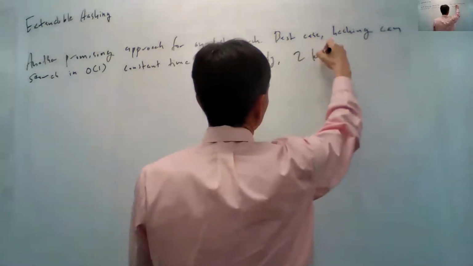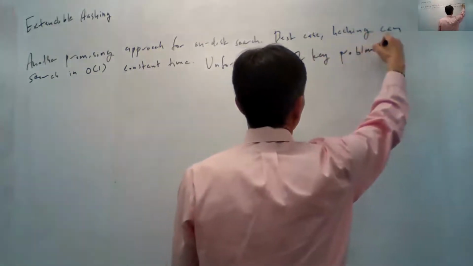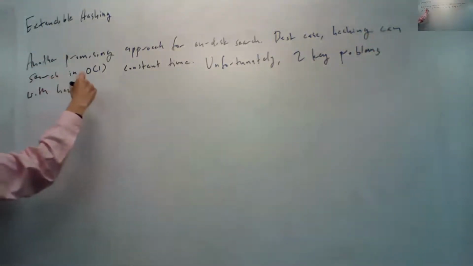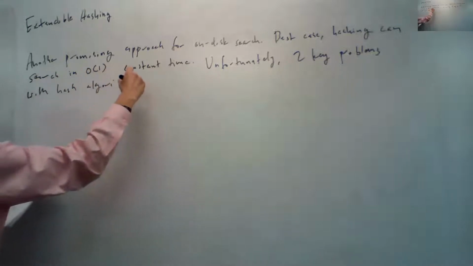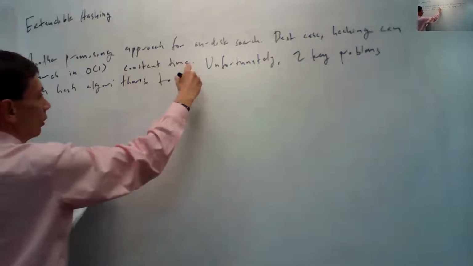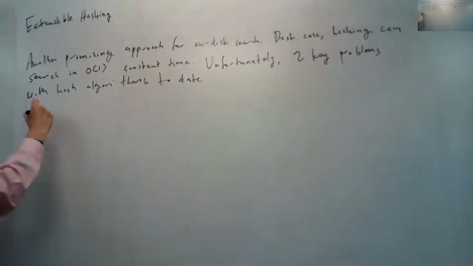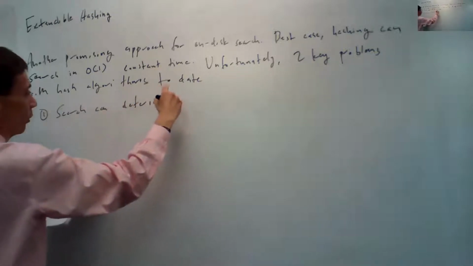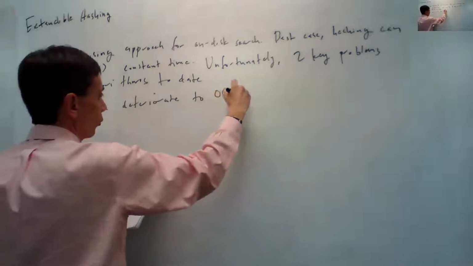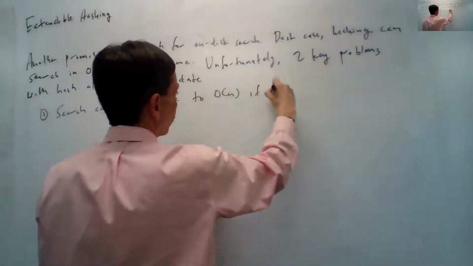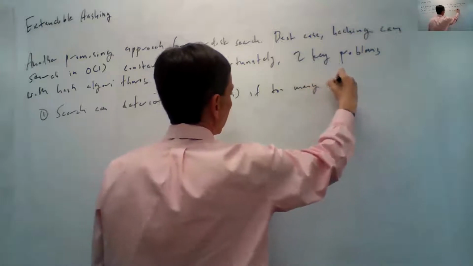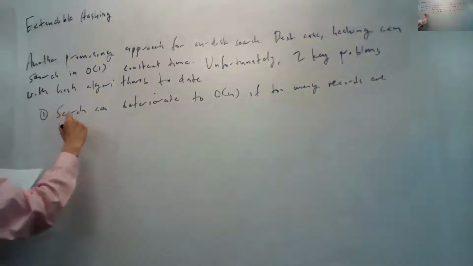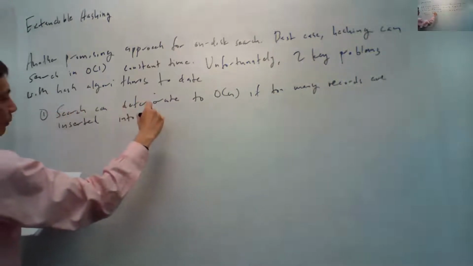Two key problems, and we saw these with hash algorithms. First, search can deteriorate to order n if too many records are inserted into the hash table.